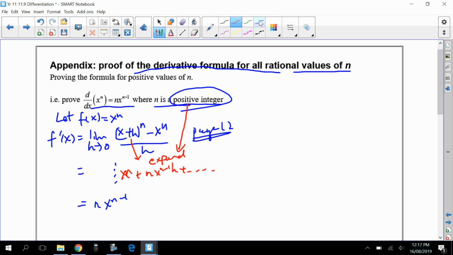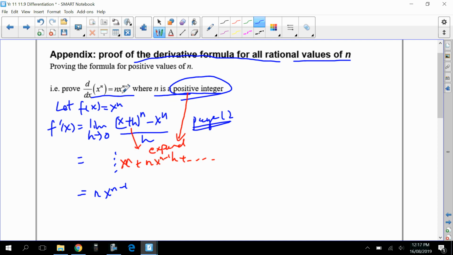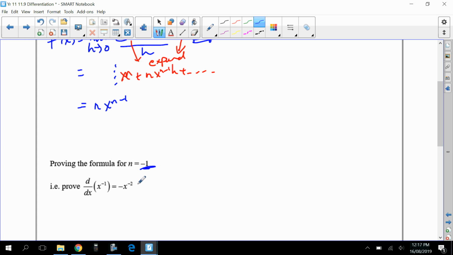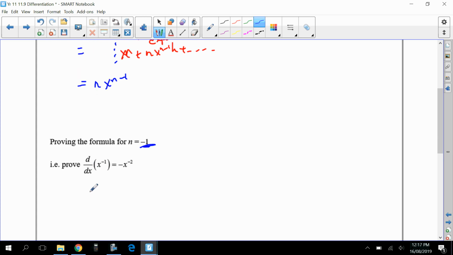All right, and then the next thing we see is, once you prove it's true for positive integer, let's see whether it is true for n equal to -1. And to prove that, again, we can use first principle. So that was in the exercise.